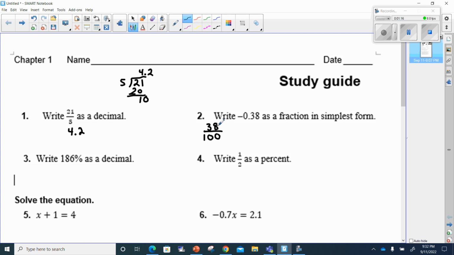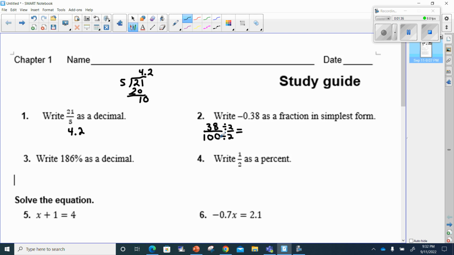Now we got to reduce. I know 38 and 100 are both divisible by 2. Remember, we're doing this because 2 over 2 is 1, and I can divide and multiply any number by 1, and it's the same number.